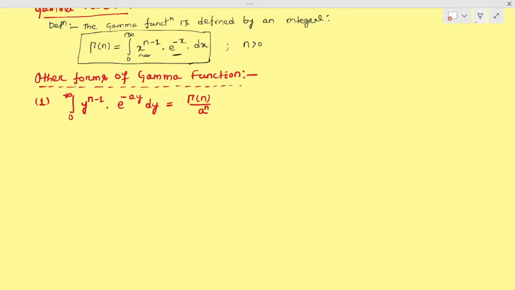First we are going to prove this one, then we are going to go for other forms of gamma function. So let's prove this one.